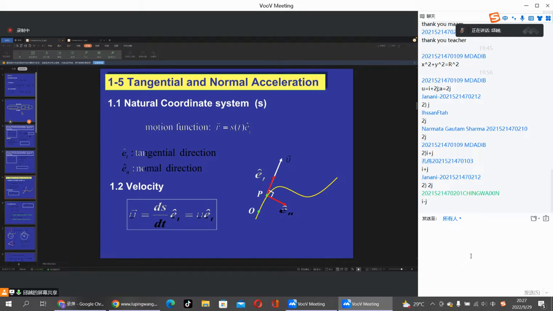In order to learn the tangential and normal acceleration, we need to learn the basic concept of natural coordinate system.